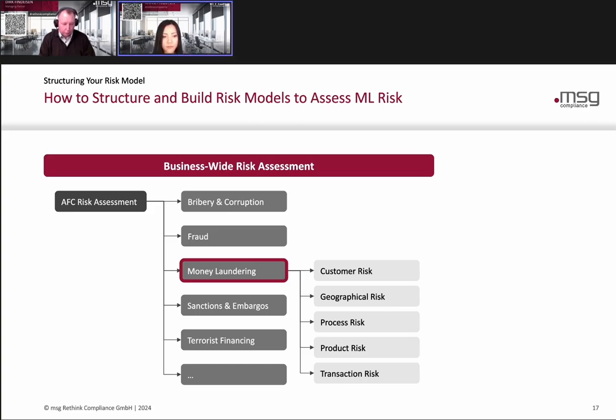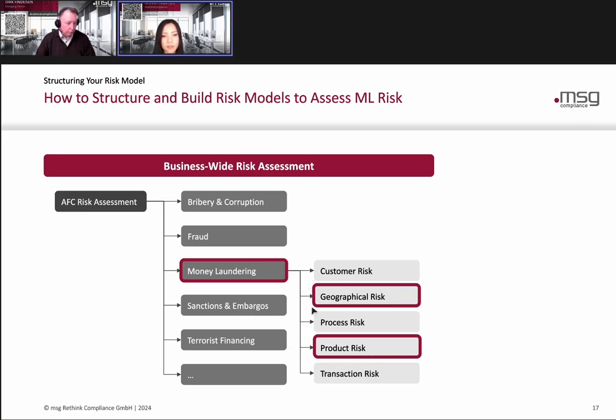So when you have this structure, you now want to look into the different sources using the different techniques that we just learned in order to find the right method to assess each of these risk dimensions.